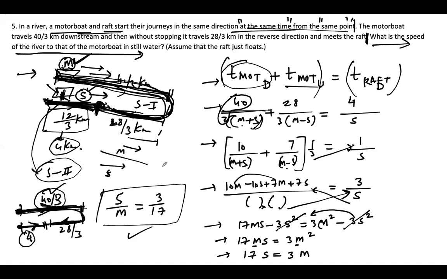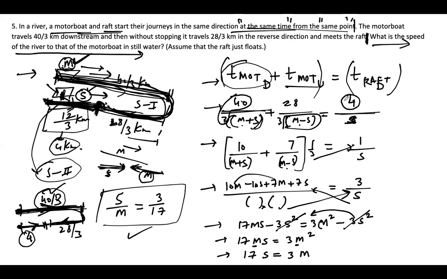And once it is traveling upstream, the speed of the motorboat is m, and the stream is now opposing it, hence m minus s. So distance upon speed is equal to the time taken by the raft to travel downstream. The raft has no speed of its own. It will be traveling at the speed of the river. So time is distance divided by the speed of the river, which is s.